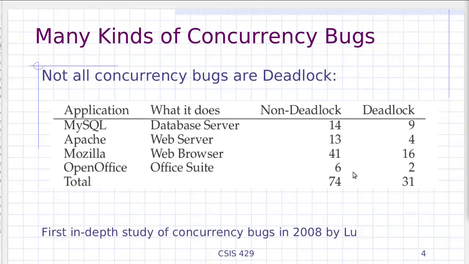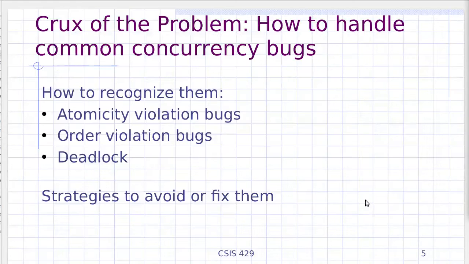Okay, so the bottom line, once again, is that there are a lot of deadlock bugs, but not all concurrency bugs are deadlock ones. There's actually twice as many that are not. So the crux of the problem is, how do you handle some of these common concurrency bugs? How do you recognize them?